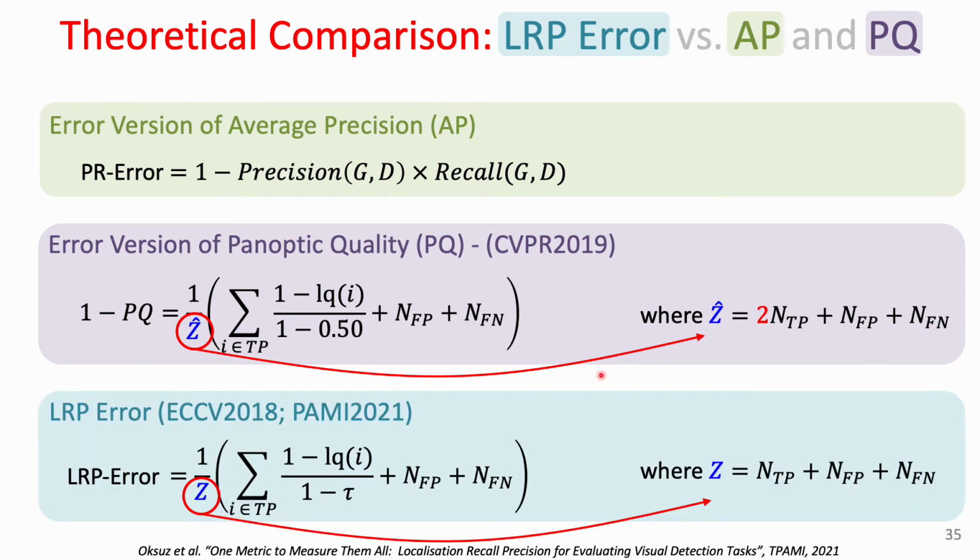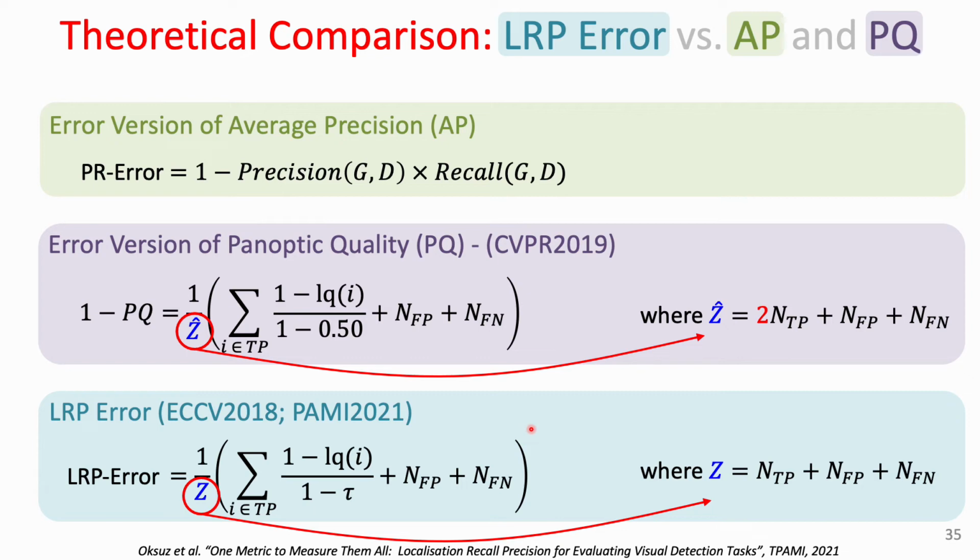LRP is already an error, so we don't need to do any transformation on that. And we already saw that it includes the number of false positives, the number of false negatives, and a normalized localization error. And the normalization constant here is the number of true positives, the number of false positives, and the number of false negatives. We see that PQ error and LRP error are actually very similar to each other, except for two parts.